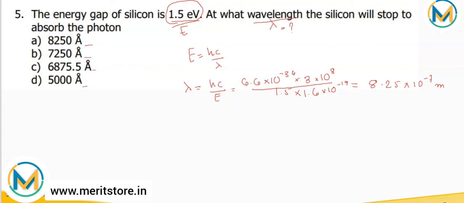So when you convert this in angstrom, you get 8250 × 10^-10 meter, and that is equal to 8250 angstrom. The photon having wavelength equal to 8250 angstrom or more than this will not be able to overcome the energy gap of silicon. So the correct answer among the given option is option A, that is 8250 angstrom.